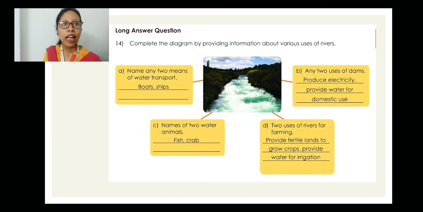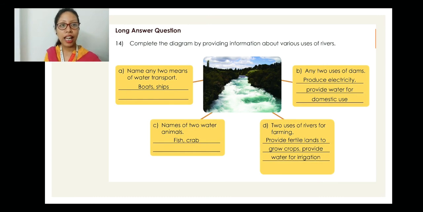Then number B, any two uses of dams. The first one is produce electricity, and provide water for domestic use, for cooking, for bathing, drinking, etc. Clear? Then we have number C, names of two water animals, fish and crab.